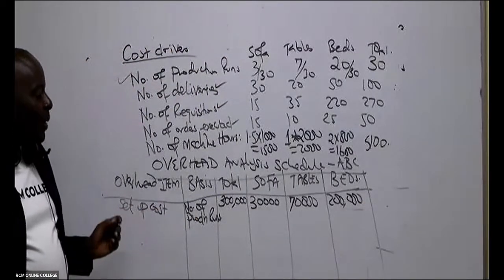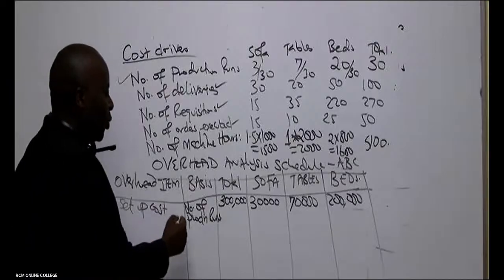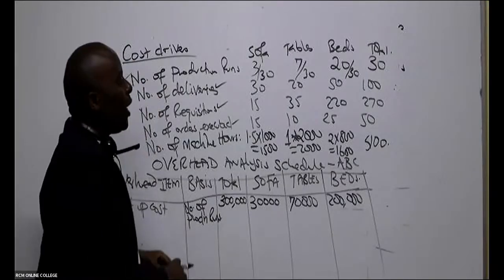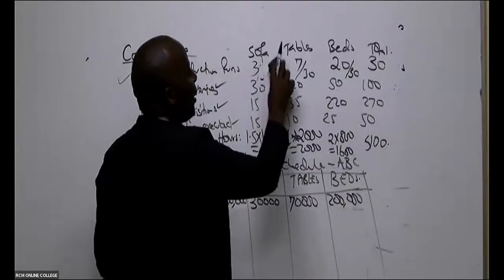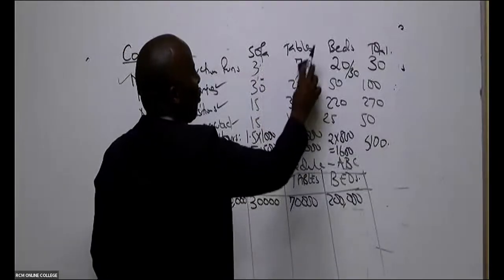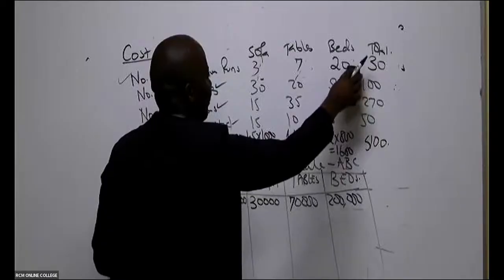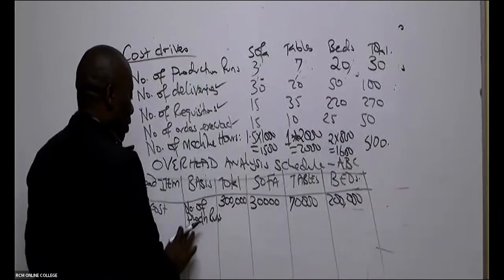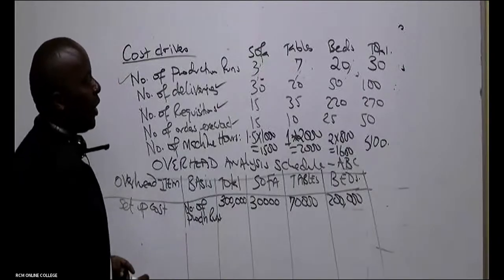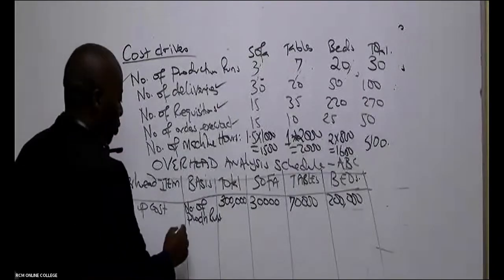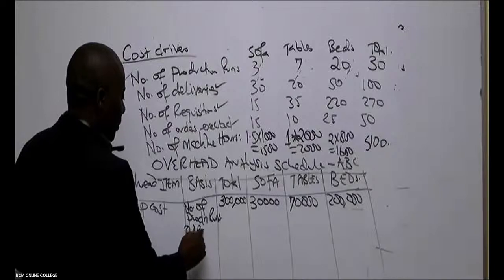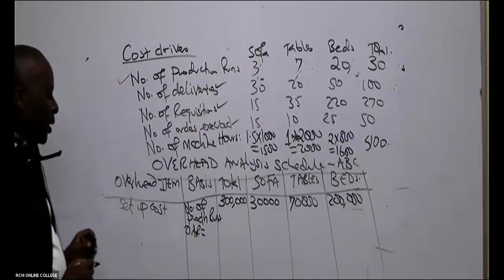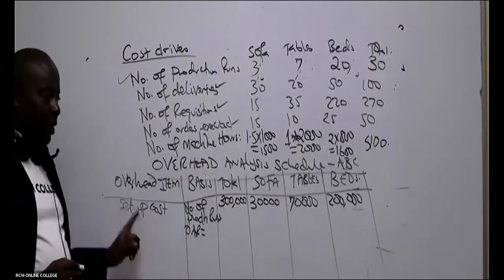So that is one approach. Another student can come and tell you, teacher, even this one, you can compute OAR. So how do we do this OAR? Please listen. These are setup costs.